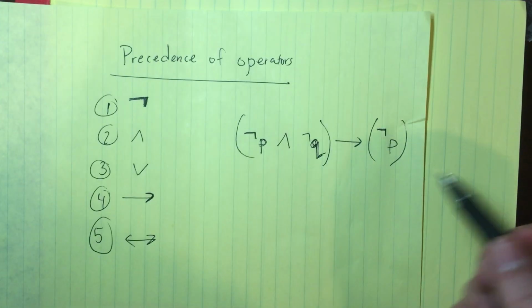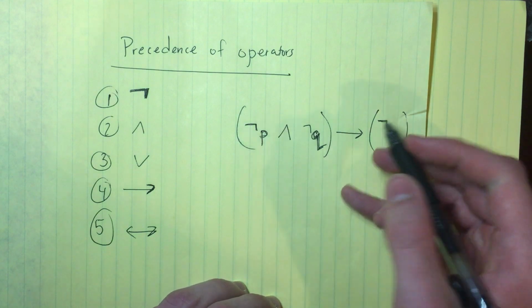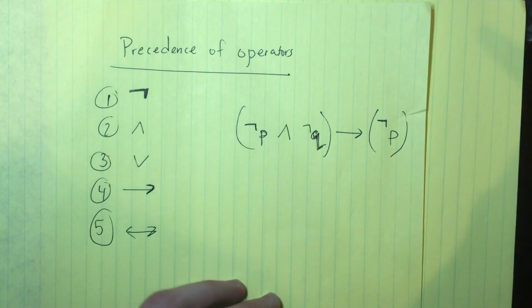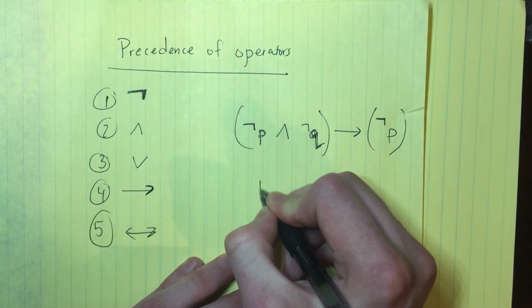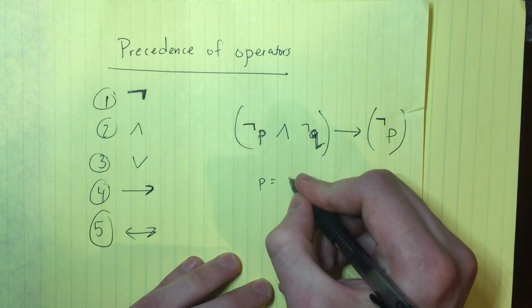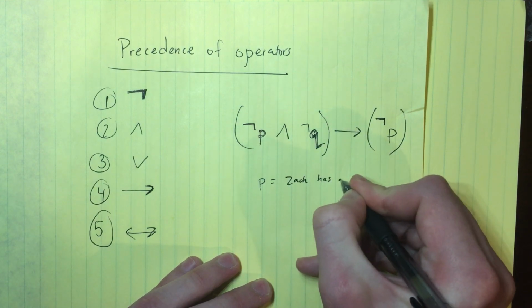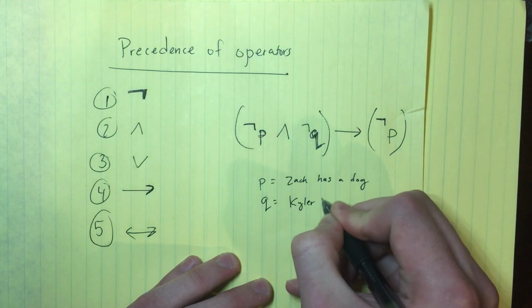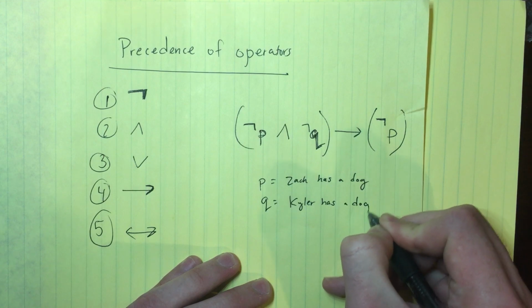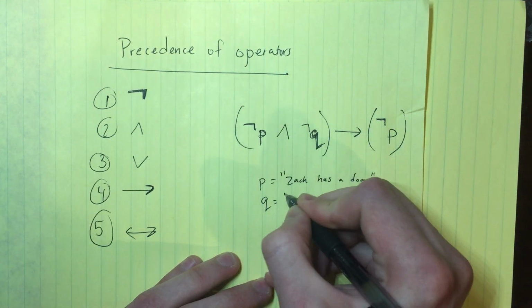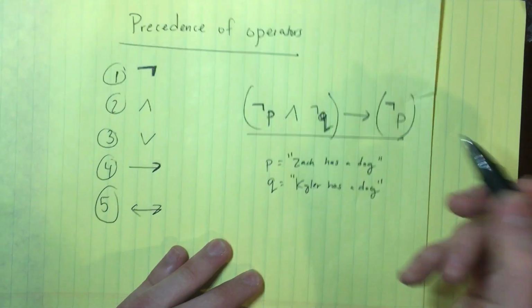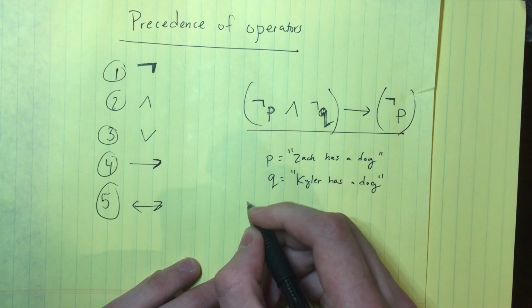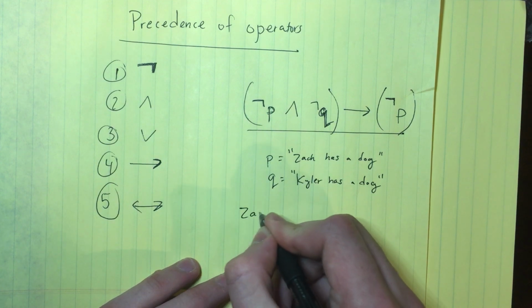So say you have a statement like if not P and not Q, then not P. Say P is equal to Zach has a dog, and Q is equal to Kyler has a dog. Since the precedence is with these nots, you would do them first.